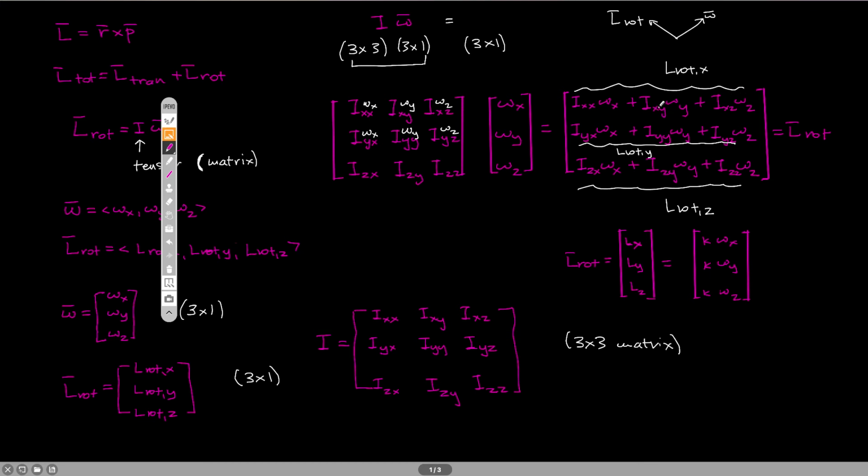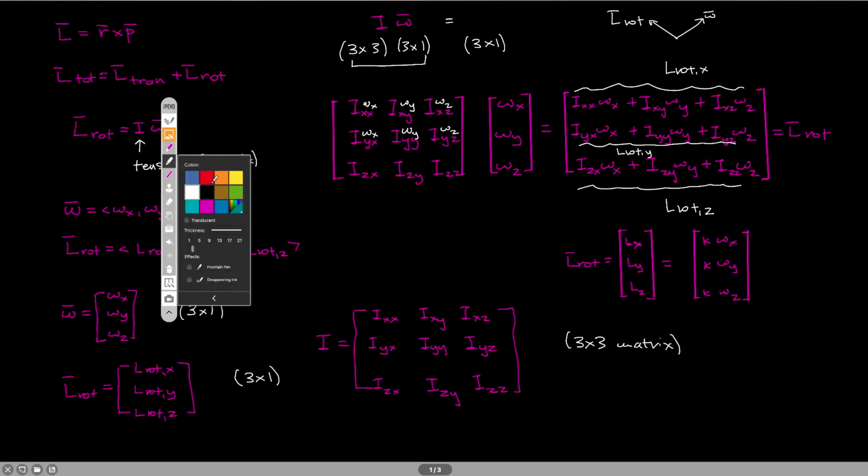So I need to make this term go to 0 and this term go to 0. Similarly, for Ly, if I want it to be just a product of omega y, I need to make this 0, I need to make this 0. And for z, I will need to make this one and this one 0.